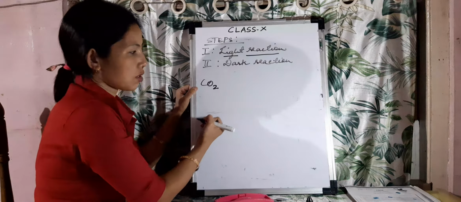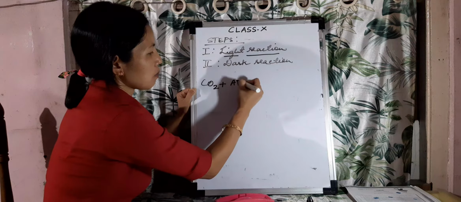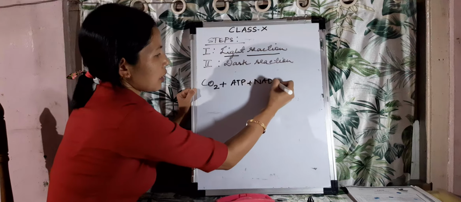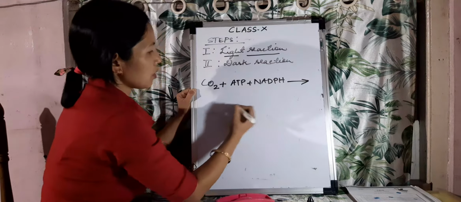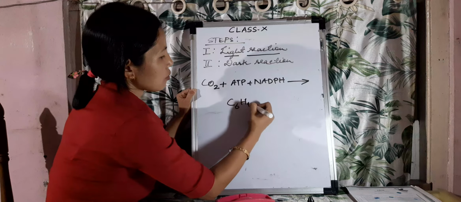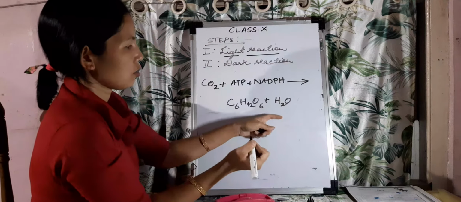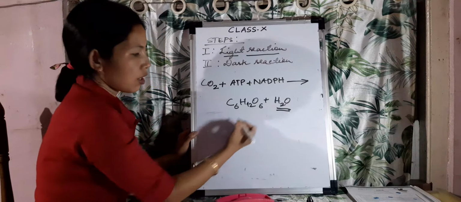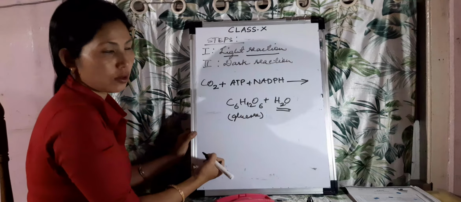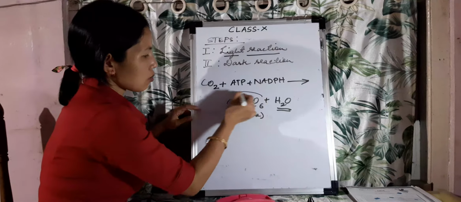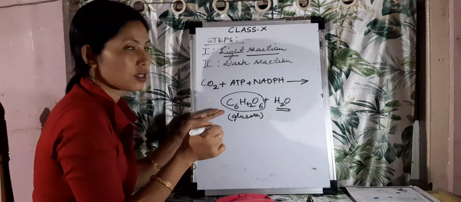So this carbon dioxide, with the help of the chemical substances ATP and NADPH, will be reduced to carbohydrate, C6H12O6 plus H2O. So this H2O or water is the byproduct, whereas the glucose is our main product. So this is what we were looking for. The ultimate product of the process photosynthesis is the glucose.